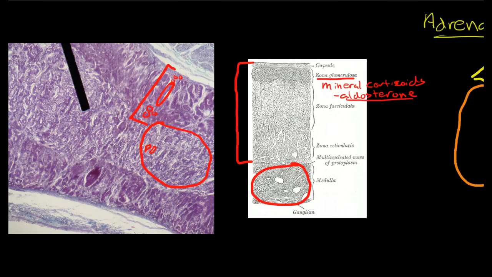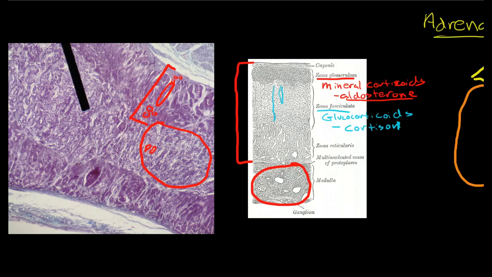Then the zona fasciculata, which is this large zone made up of long columnar cells here, produces the glucocorticoids, cortisol being the most common of that group of hormones.